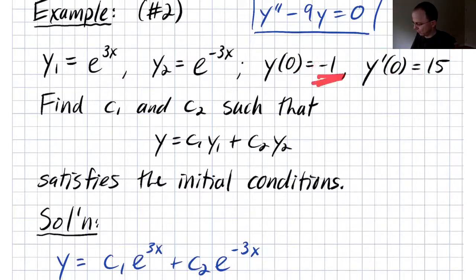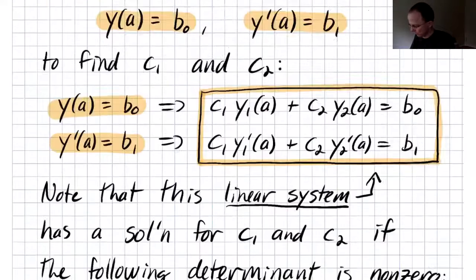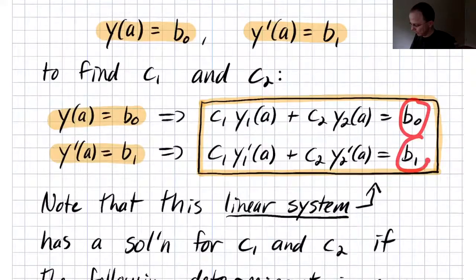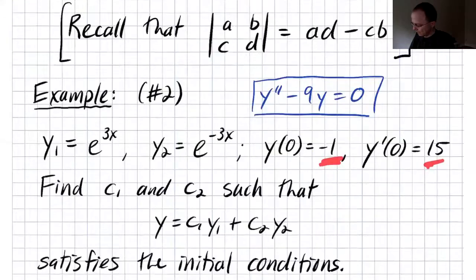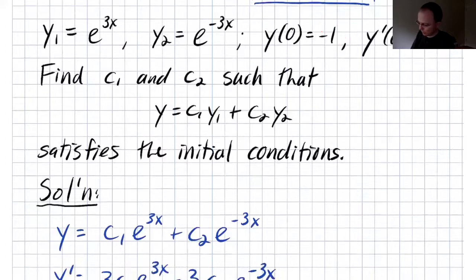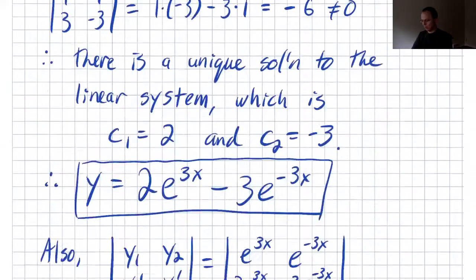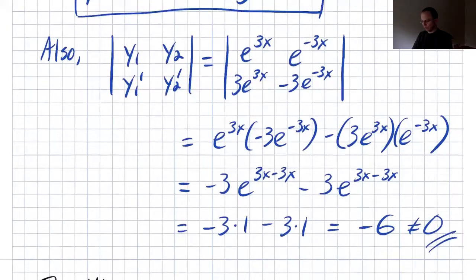So any b0, was it b1 and b2? What did we call it? Was it b1 and b2, or was it b0 and b1? So we could have had any b0 and b1 here, and we would have always been able to find a unique solution for c1 and c2 that satisfies those initial conditions. And that's because this determinant is always not equal to 0.